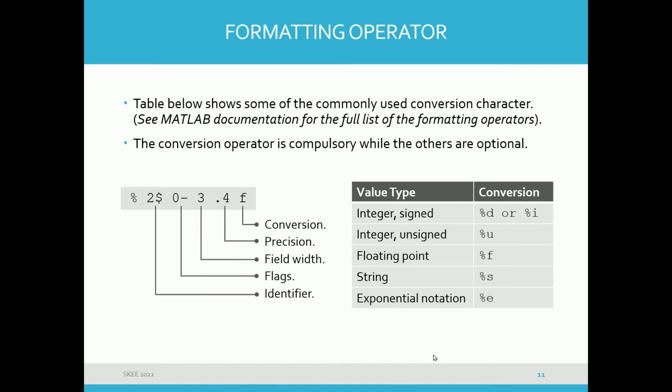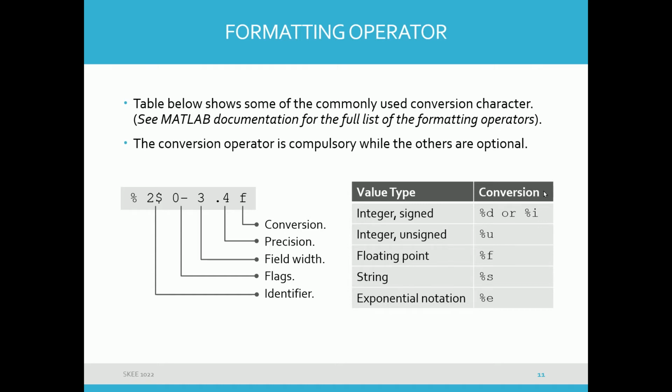fprintf. For this class, if not mistaken, you will not use all of this, but you have to know this one: the field width, the precision, and the conversion. Conversion, you have to know if you want to use an integer. Integer is 1, 2, 3, 4, 5, 6, 7, 8, 9, 10.